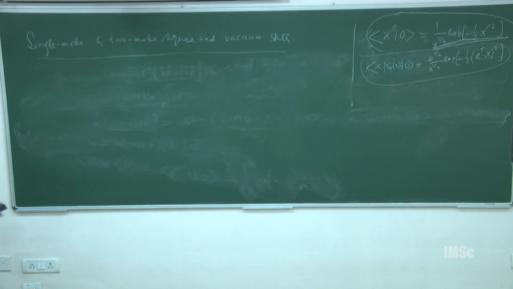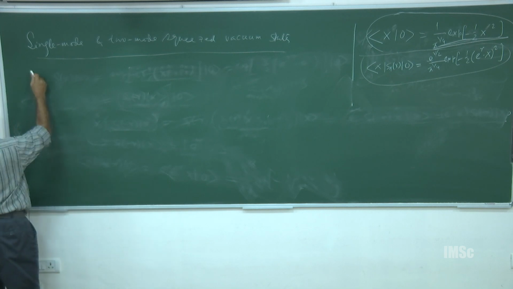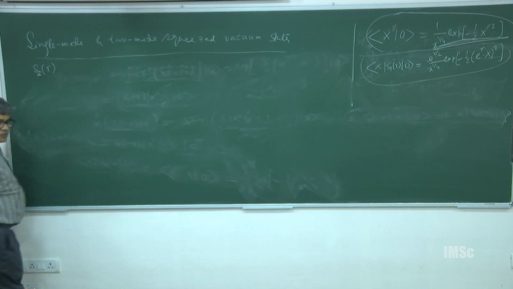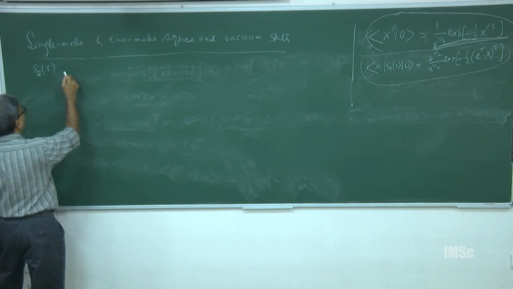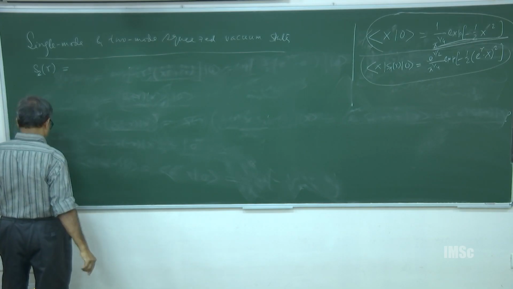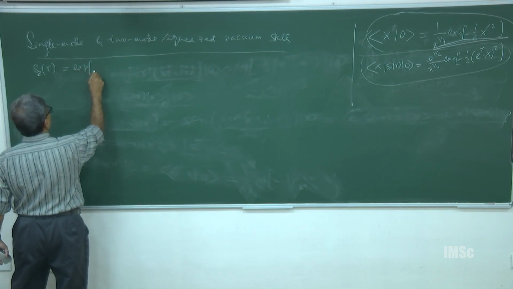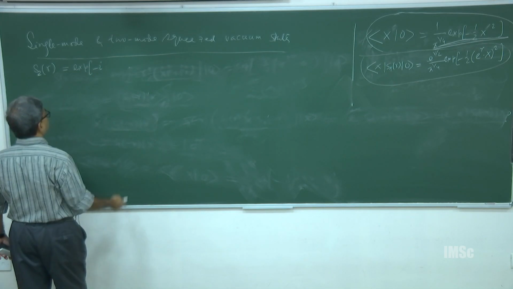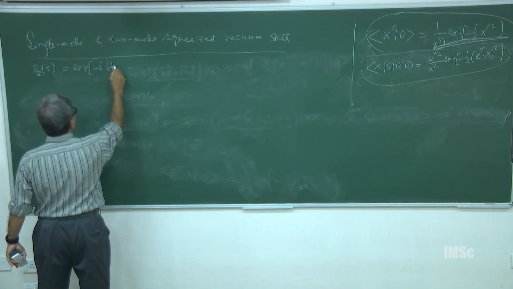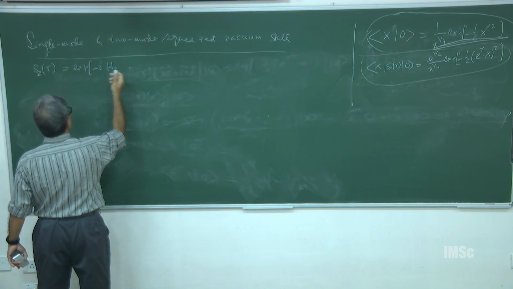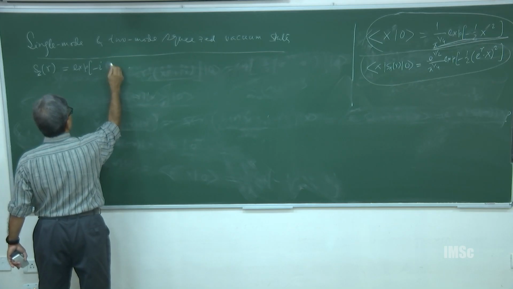Next, let us go to the two mode squeezed vacuum state. The corresponding squeezing operator I will call S2 of R. S2 of R is exponential of minus iota times the corresponding Hamiltonian H2, which of course should have R here.